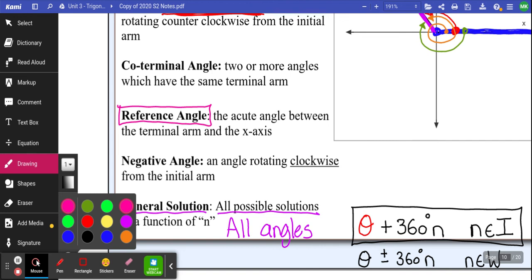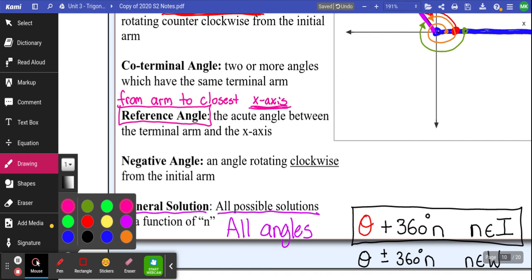The reference angle always goes from terminal arm to the closest x-axis. And it must go to the x-axis. We will not build triangles to the y-axis. We will build it to the x-axis.